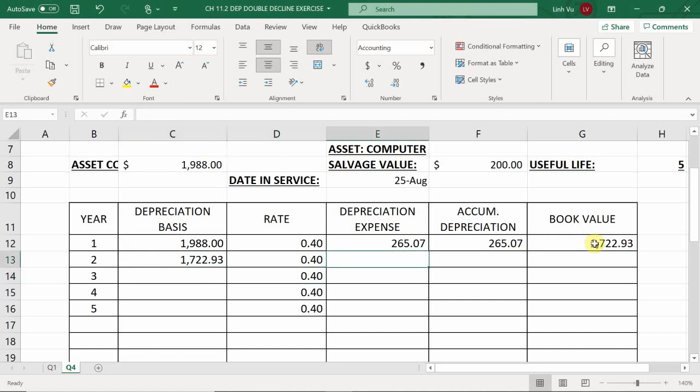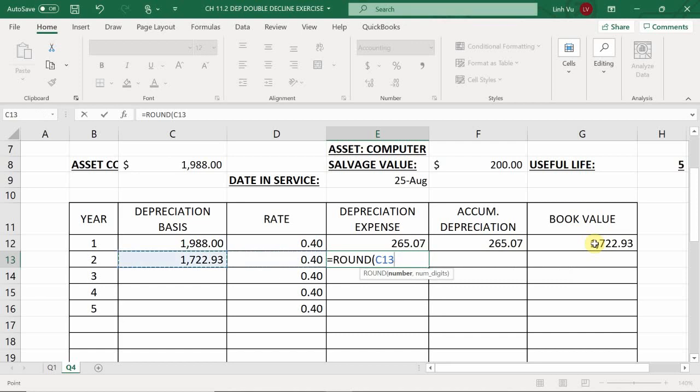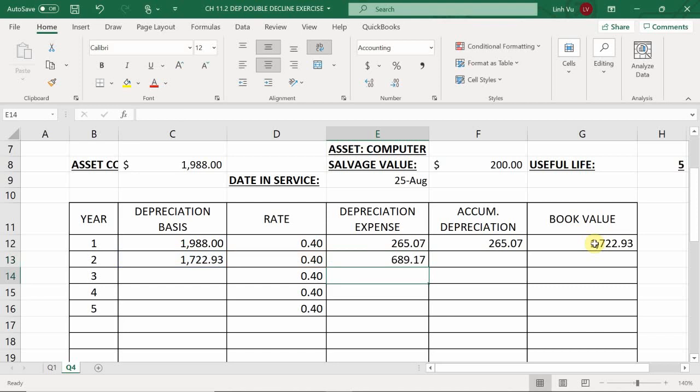All right. So this time, because we've already used the first 4 months, now we're starting from January all the way down to December. So how much is it going to cost me for a whole entire year to depreciate? 689.17. Good.